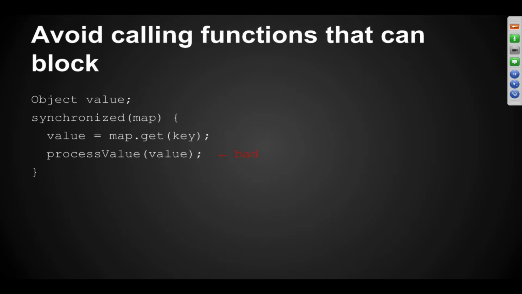So if you cannot guarantee that those functions will not lock something, then you shouldn't call it. Because you don't know what other people are going to do with their functions, and those functions can come back and lock the same resource that you already have a lock on, and if they do that, you can potentially create a deadlock. Just like the Java example that I showed before.